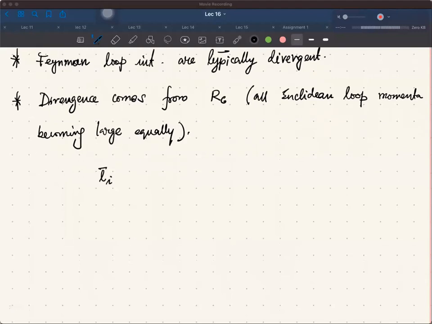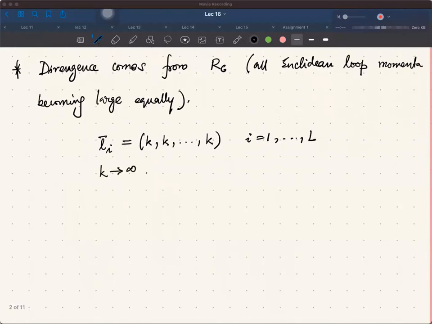So the L bar i's are the loop momenta. Each Cartesian component of every one of them is taken to be k, and k goes to infinity. That is the region RC.